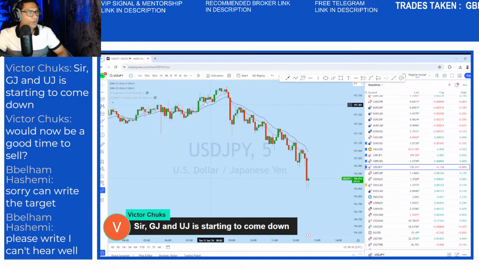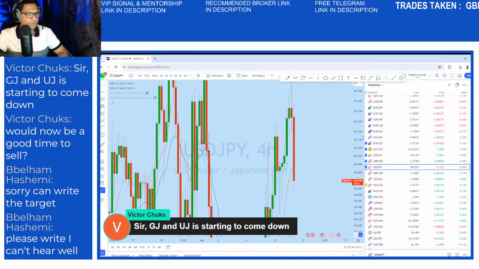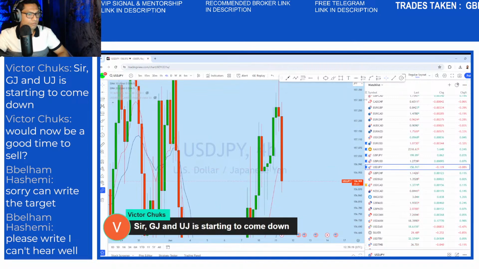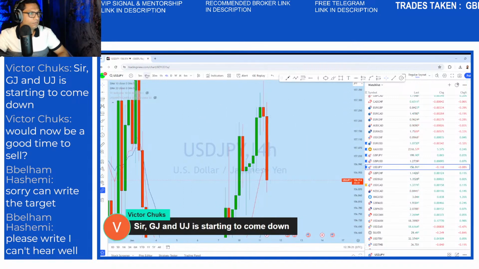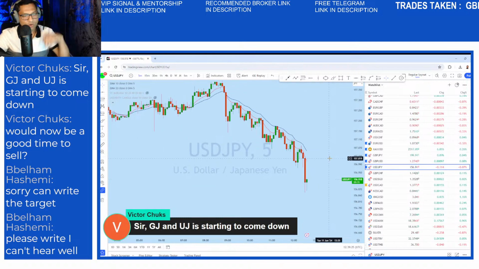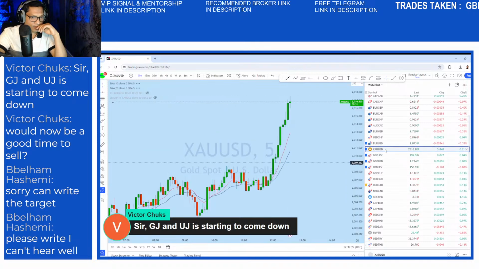There is another drop here on dollar yen if you look, and we may see a further drop. GJ pushing high.